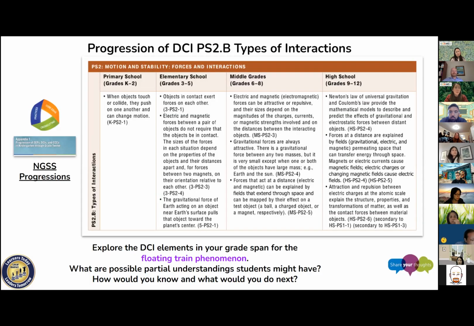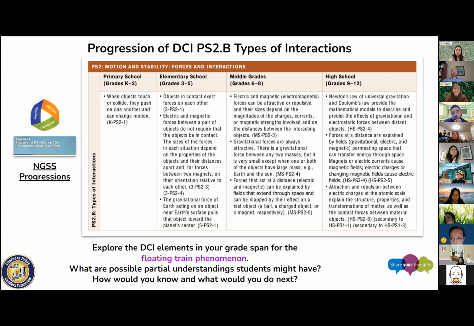So here you'll see what the progressions for this DCI might look like from K-2 all the way to 9-12. We're going to ask you to explore the elements in your grade span for this floating train phenomenon. And you'll notice this is something that you can see across grade spans, right?